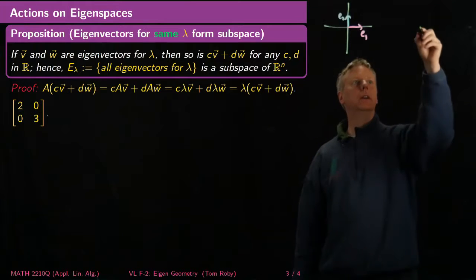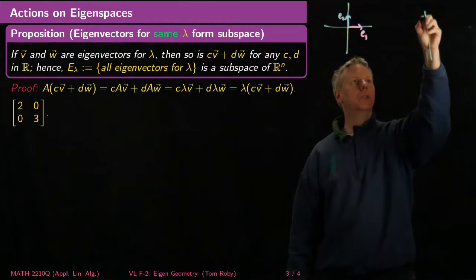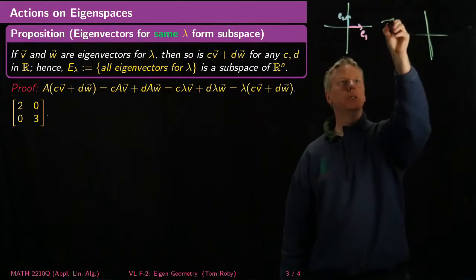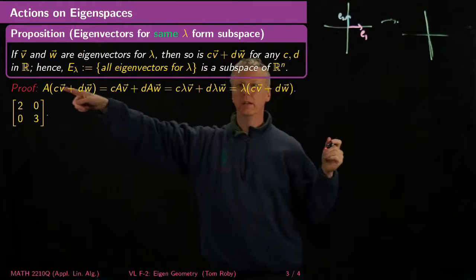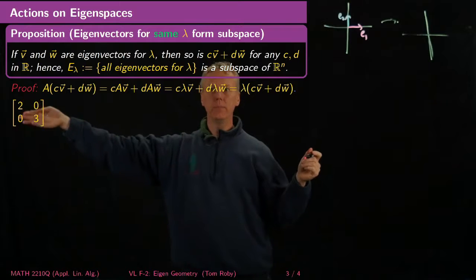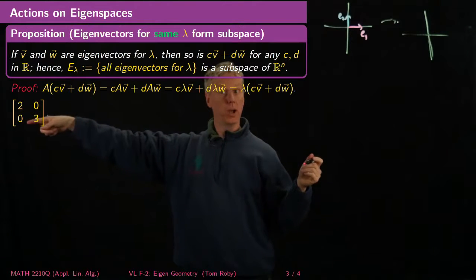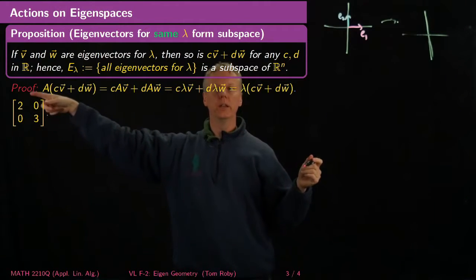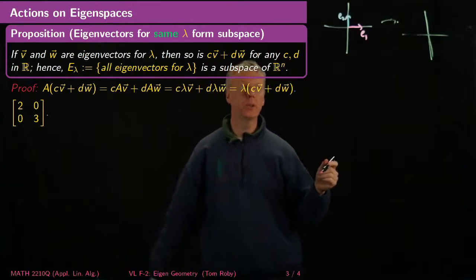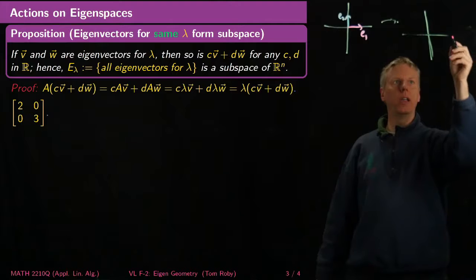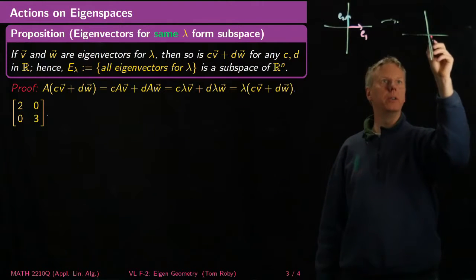So now if I go over to my image, well, 2 times E1, this means that E1 goes to 2, 0, and E2 goes to 0, 3. In other words, E1 goes to twice itself, and E2 goes to 3 times itself. So that means that all I've done here is stretch this box out.